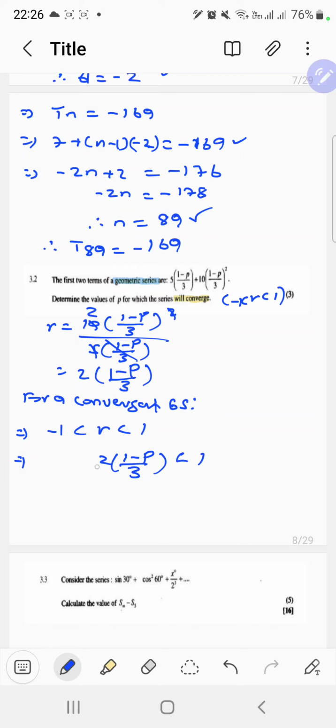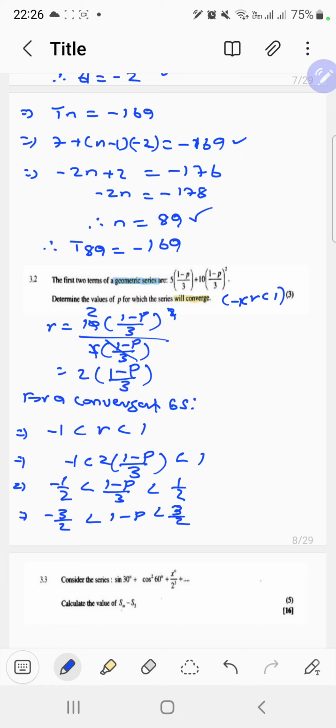We divide by 2 throughout, we get minus a half is less than 1 minus p over 3. Same story there. And then we cross multiply by 3, so we get minus 3 over 2 less than 1 minus p less than 3 over 2 on this side.